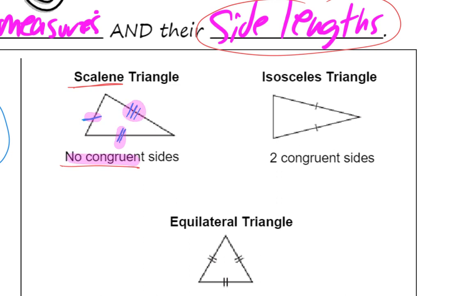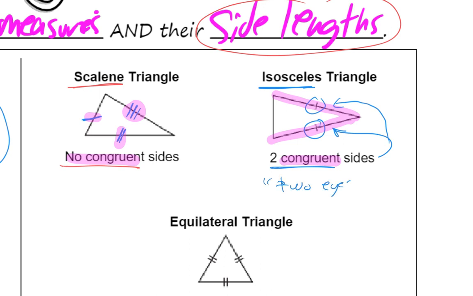All right, next we're going to talk about an isosceles. An isosceles has two congruent sides. So if we see right over there, that side and that side are congruent. We could say this one right here and this one right here are congruent sides. And one way we can remember it is like eyes, we have two eyes.